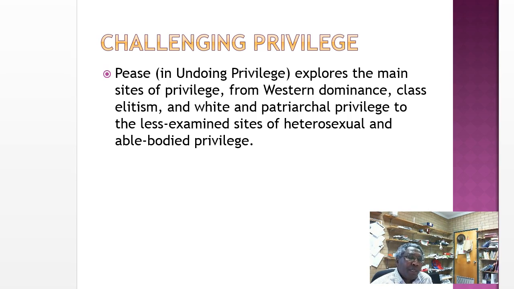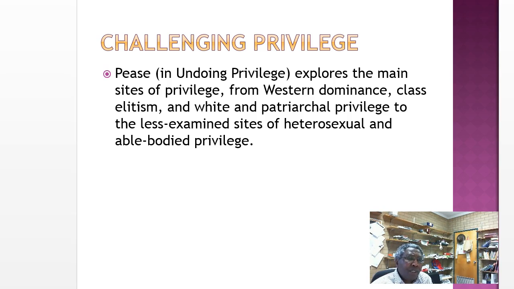The people who have got the privileges need to think of how they can share or give up some of the privileges. And he finds that those privileges are located in aspects like class, elitism, whiteness, the patriarchal privileges, and other less examined sides such as heterosexual and able-bodied privileges.